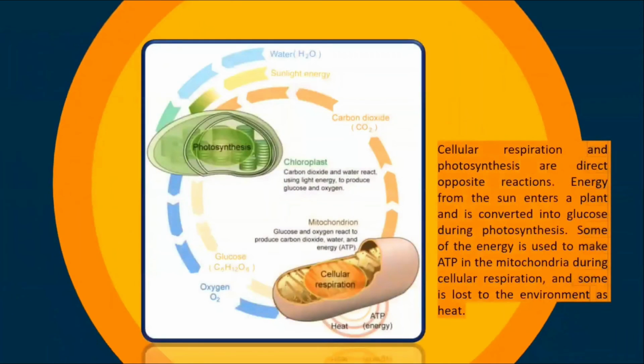So to understand it further, take a look at the diagram. Here, photosynthesis makes the glucose that is used in cellular respiration to make adenosine triphosphate. The glucose is turned back into carbon dioxide, which is used in photosynthesis, while water is broken down to form oxygen. During cellular respiration, oxygen is combined with hydrogen to form water.